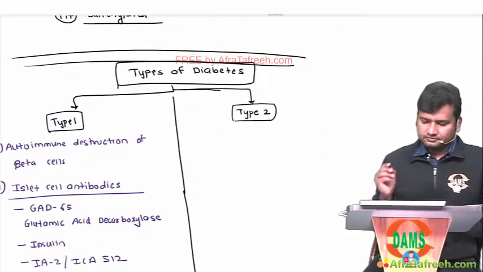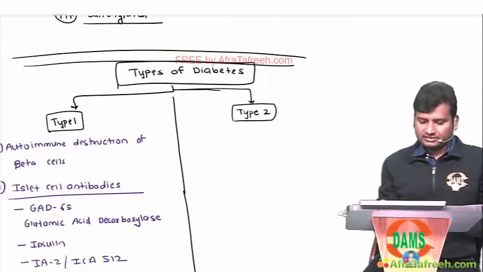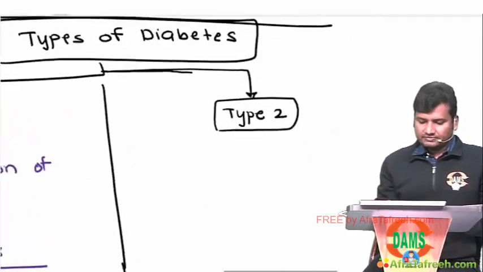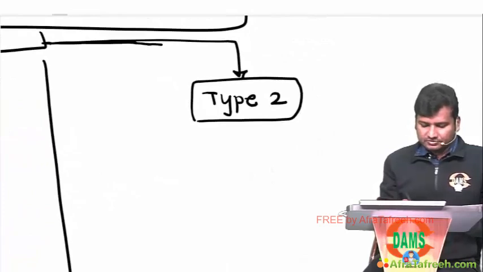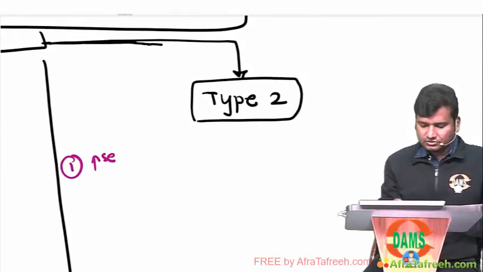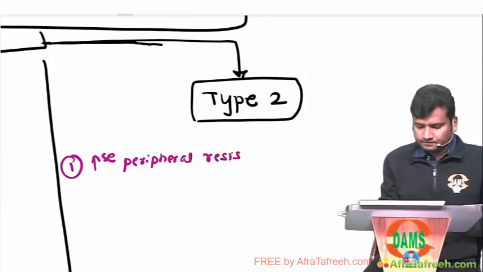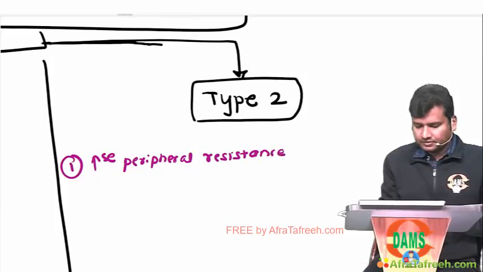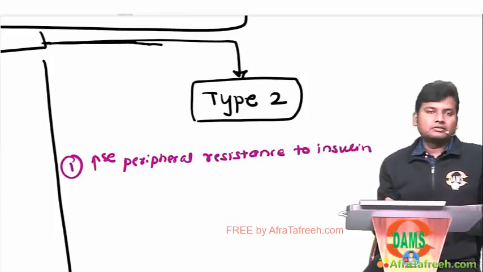Now type 2 diabetes. Type 2 diabetes is because of increased peripheral resistance to insulin. Okay.